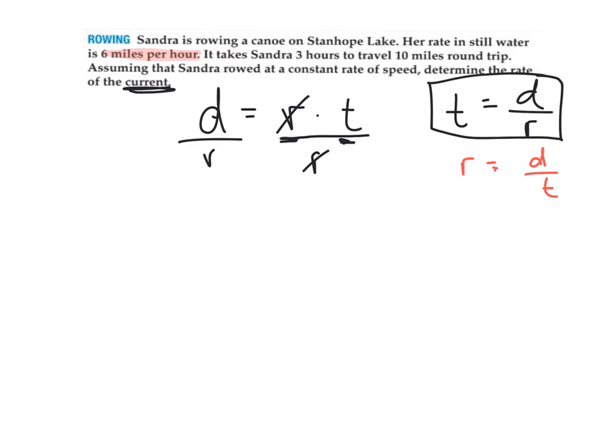We're going to use this equation because we were given that her total time was 3 hours. So if we're going to start to build our equation, we know that the total time t was 3 hours. Now that 3 hours is composed of working with the current and working against the current.